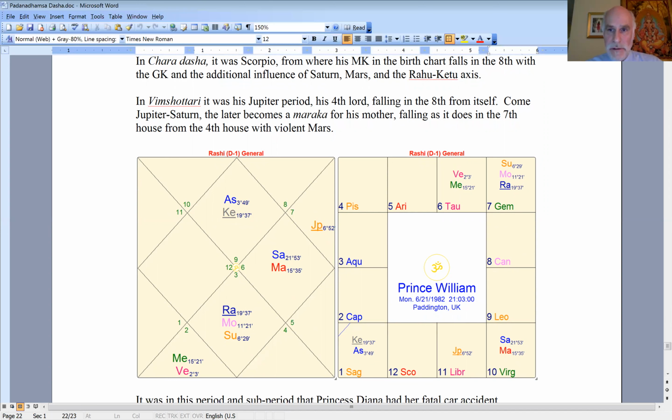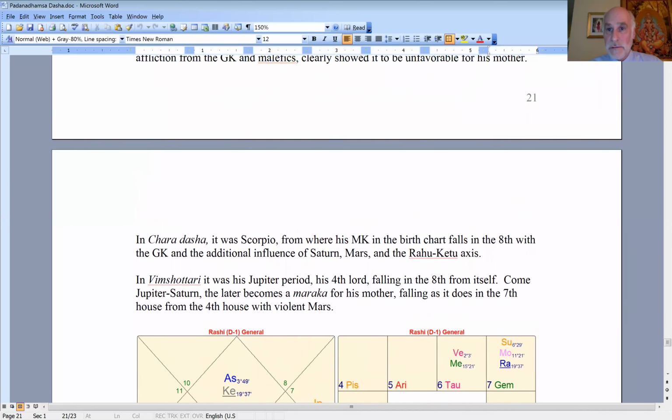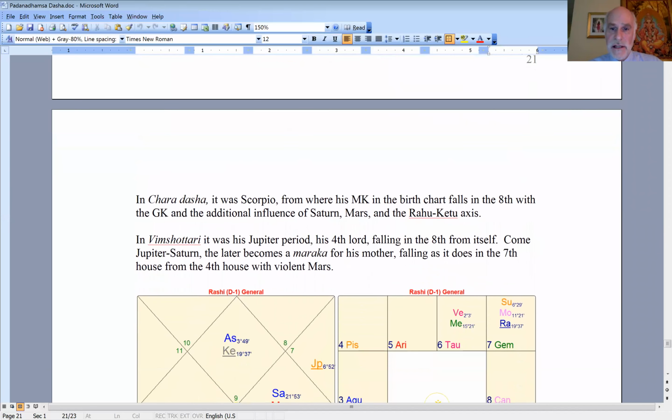And then the sub-period was Saturn. And you'll see that Saturn and Mars, two of the worst natural malefics, aspect onto the 4th house. So it was in the major period of Jupiter and the sub-period of Saturn in the Vimshotri Dasha that he lost his mother due to that fatal accident, which of course is a major, major tragedy in his life.